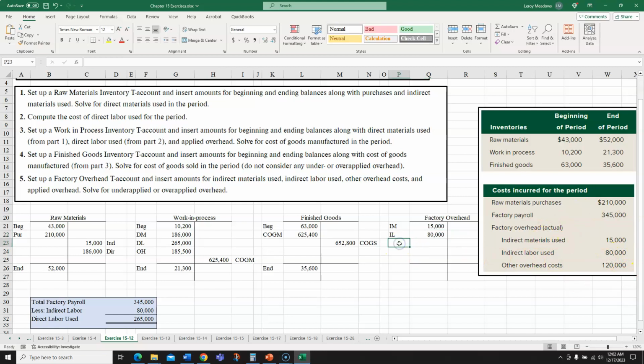So indirect labor 80,000, and other overhead costs, I'll just put overhead here of 120,000. Okay. Now, how much? Let's see.